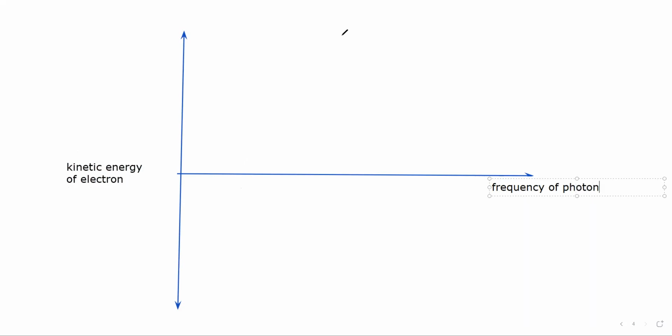And we have this equation, where we worked out that kinetic energy is equal to hf minus phi. So when we increase the frequency of a photon to a certain frequency, the photoelectric effect will take place. The minimum frequency at which the photoelectric effect will take place is known as the threshold frequency.